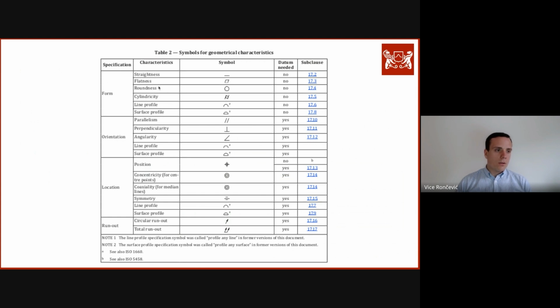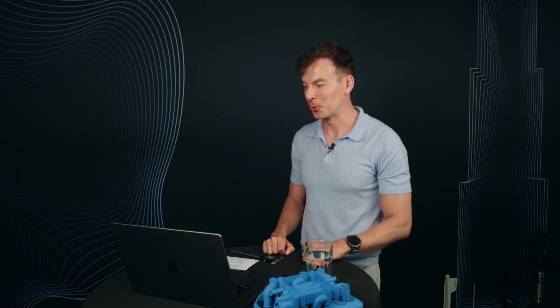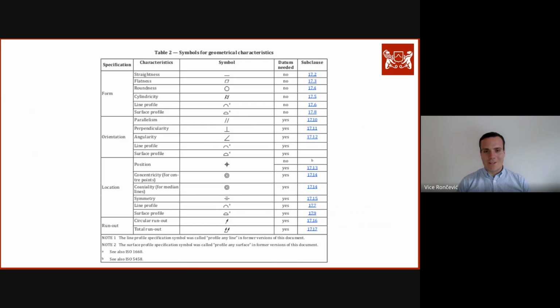The closest thing we could have here is perhaps parallelism, and the flatness is somewhat related to this principle, but no, unfortunately not. For this, we would have to dig a little bit deeper into the GPS standards. So the list is even longer than on the screen. Much longer, unfortunately. This is just the tip of the iceberg.